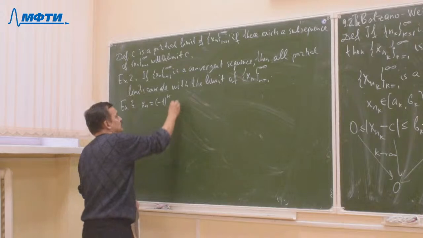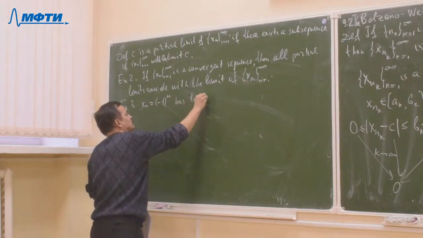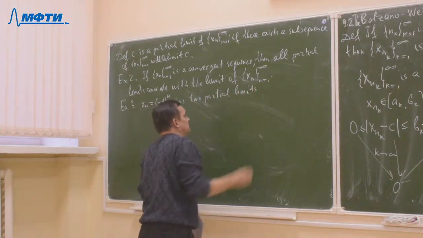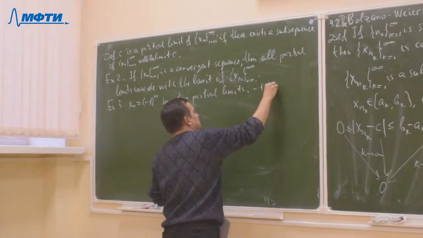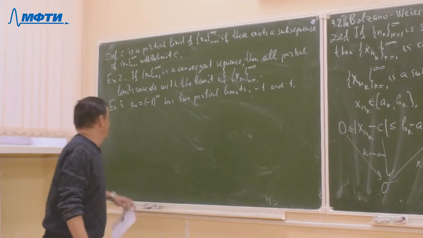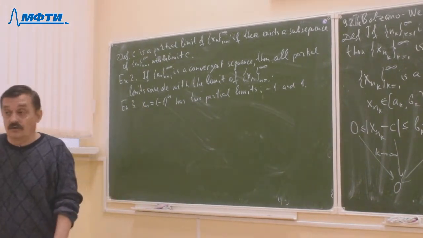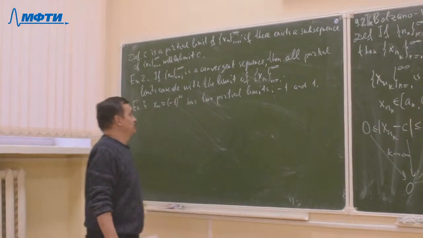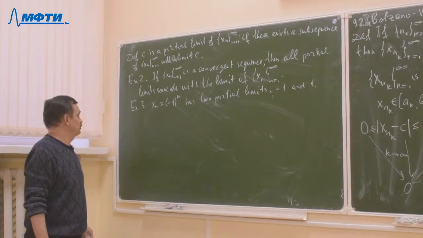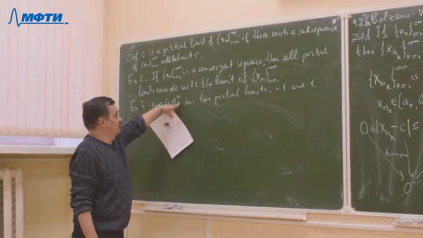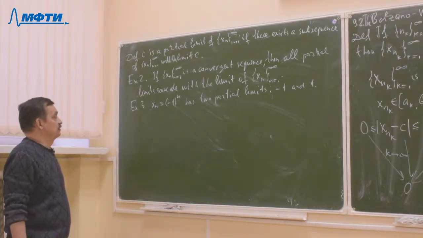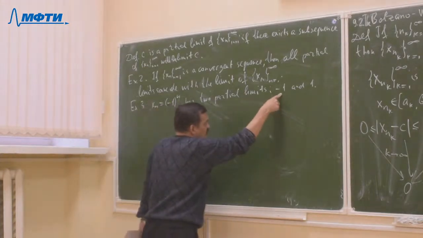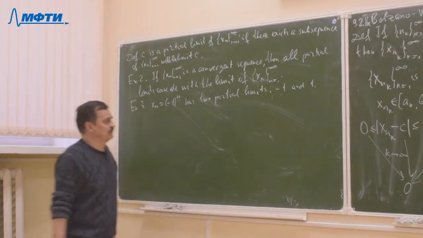It has two partial limits, minus 1 and 1, because if we take all odd indices n, then we have minus 1, a constant sequence which has the limit minus 1, and if we take n even, then we have the limit 1.